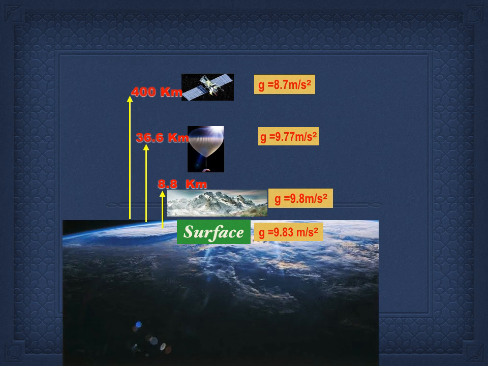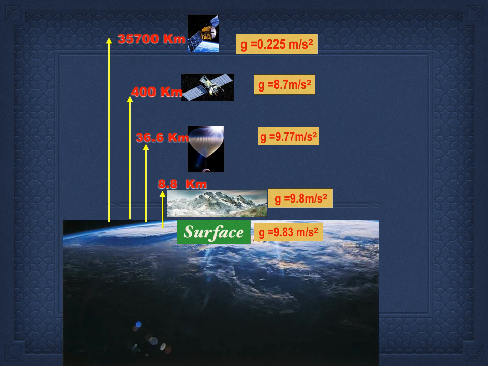So now you can see the change in the value of G from the surface of the earth to the height of 400 km. Now let's consider the height of a communication satellite, which is at a height of 35,700 km. Now when the value of G is calculated, it is found to be 0.225 meter per second square.